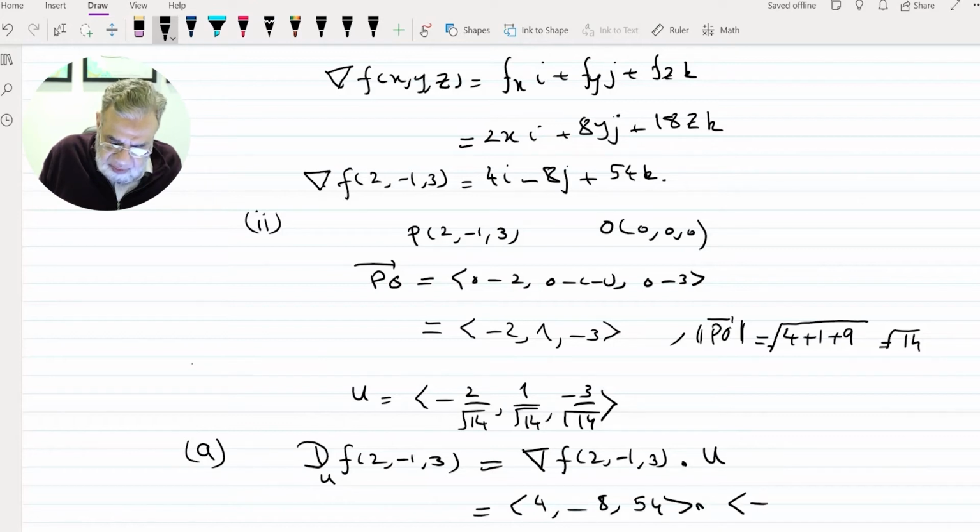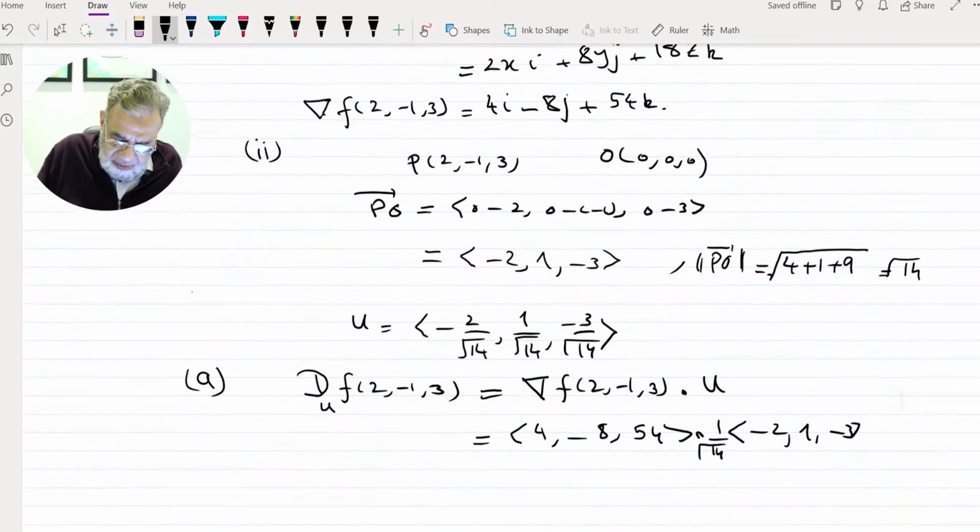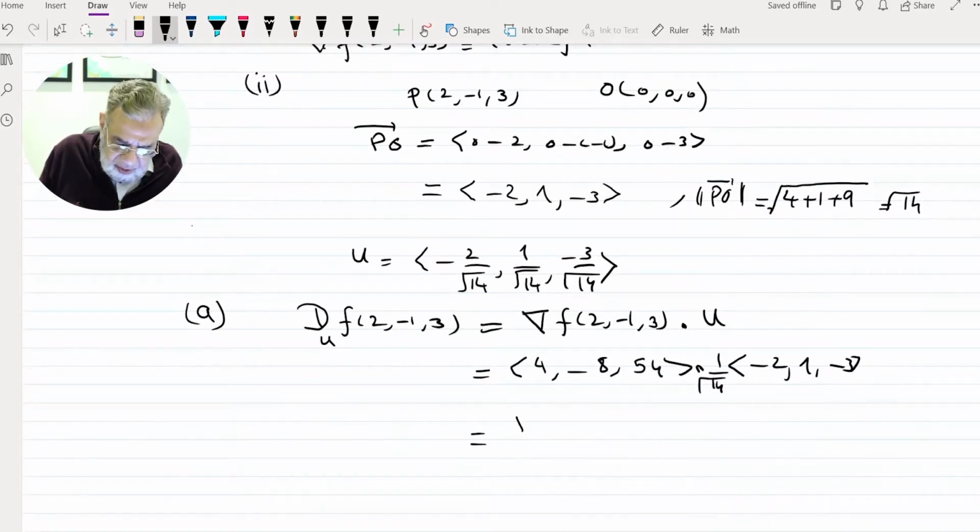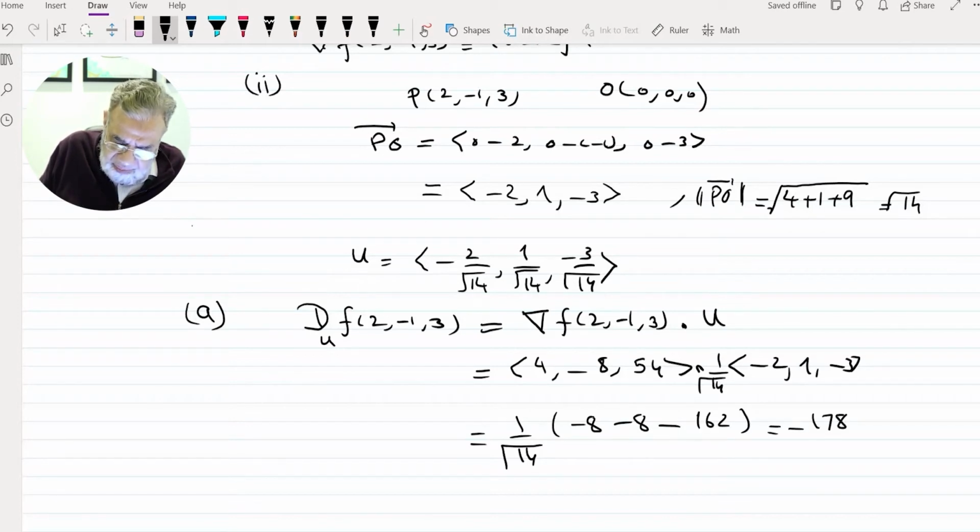Dot product with minus 2, 1, and minus 3, taking 1 over root 14 common. Taking the dot product, I get minus 178 over root 14. This is my directional derivative of the function at the point. This is my part A.